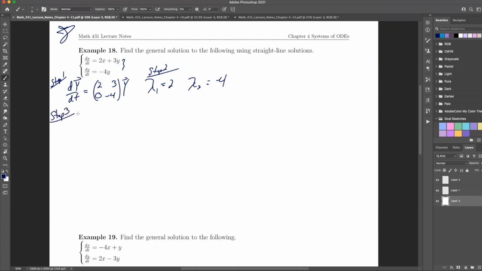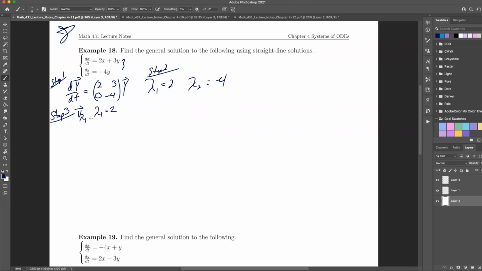All right, so here we want to find v lambda 1, where lambda 1 is equal to 2.